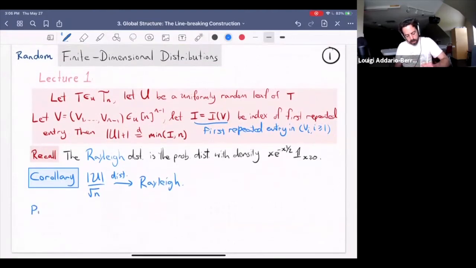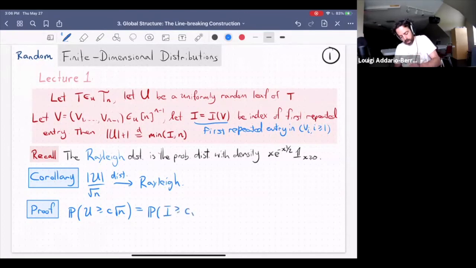The reason for this, which should feel familiar from lecture 1, is that if we look at the probability that U is at least C root n, then the distributional identity tells us that this is the same as the probability that the first repetition happens at position at least C root n plus 1, which is the same as asking for the probability that the first C root n values in this sequence are all distinct.